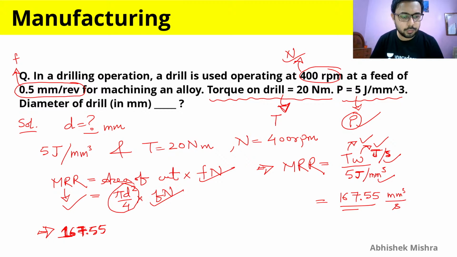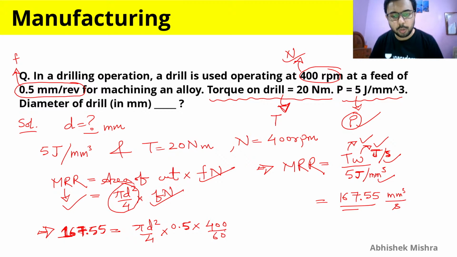So the diameter of the drill will simply become, feed rate is 0.5 and RPM is 400 by 60, because this material removal rate is in mm cube per second.